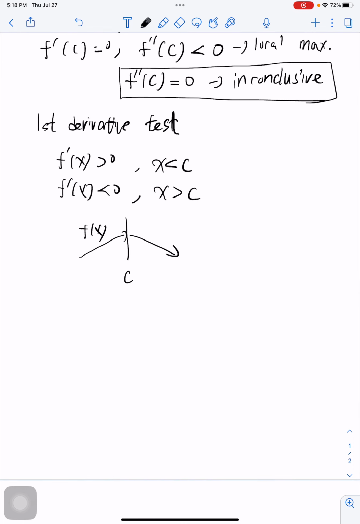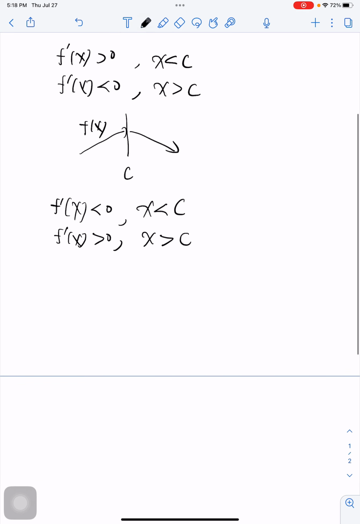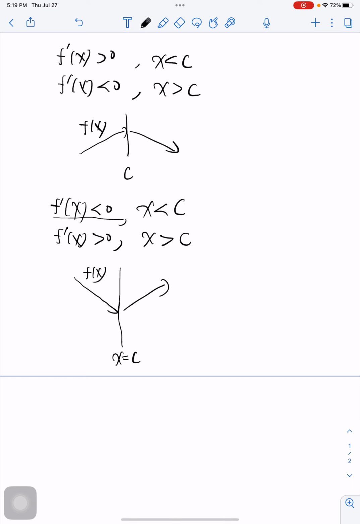For the other case, if f prime of x is less than 0 when x is less than c, and f prime of x is greater than 0 for x greater than c, then in that case we have decrease and then increase, okay? This was your f of x and x equals c.